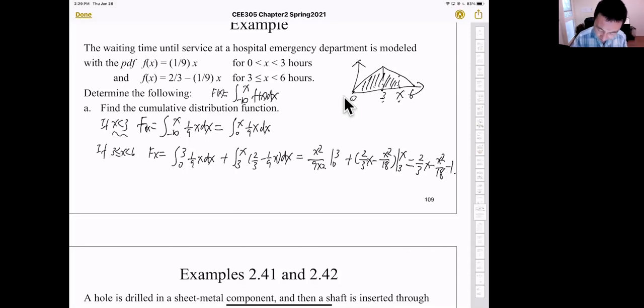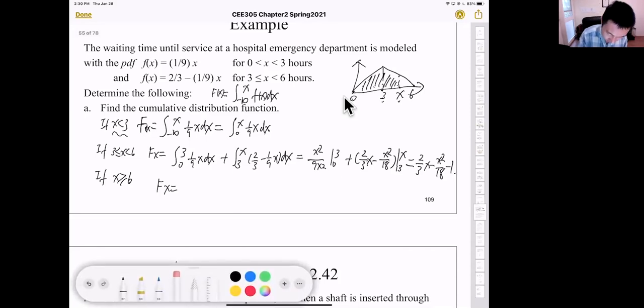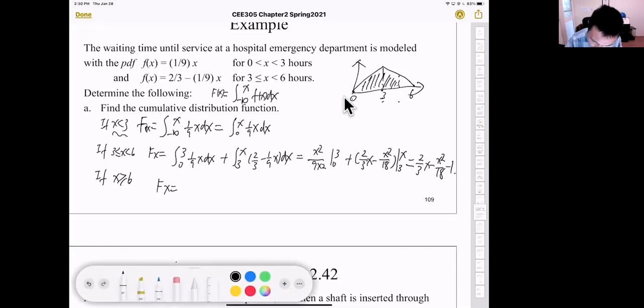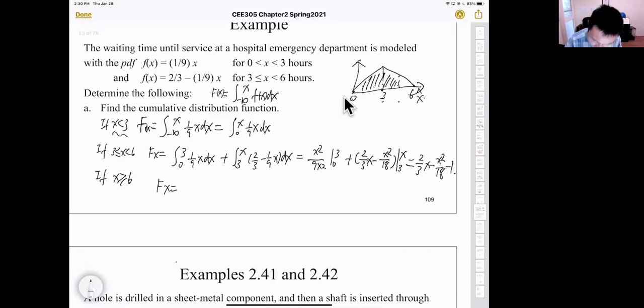And then we have the last part, for x larger than 6. If x is larger than 6, if x is here, what will the cumulative function be?